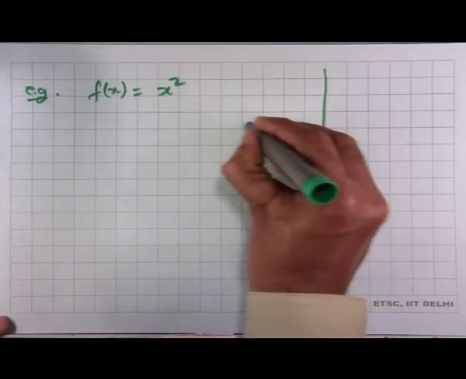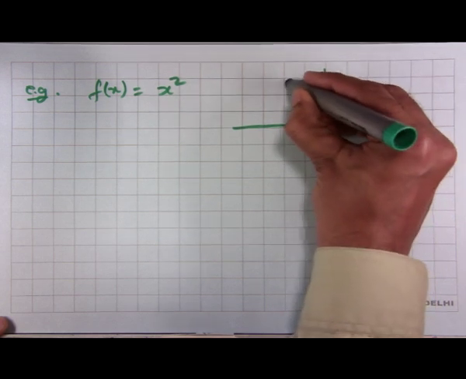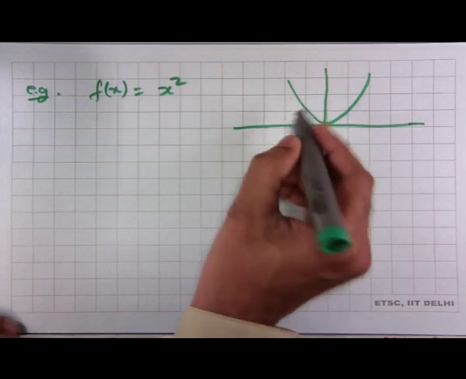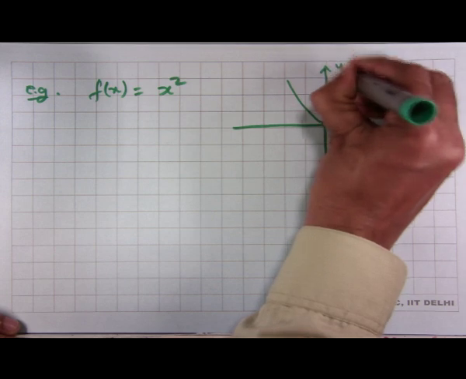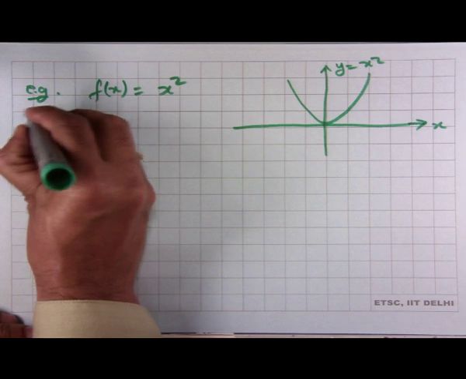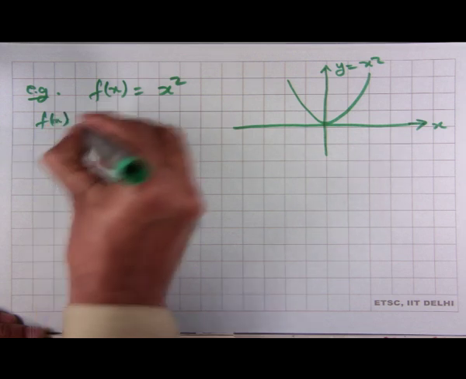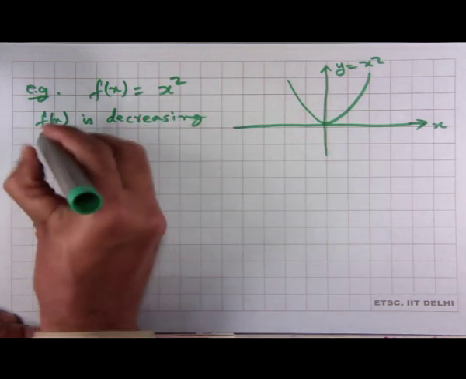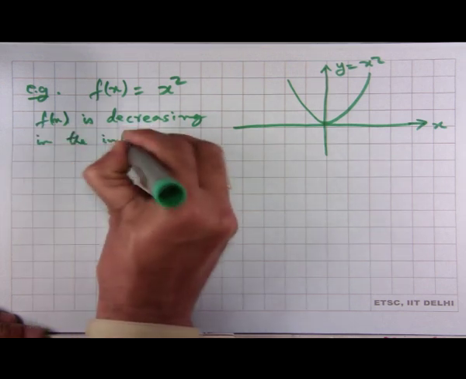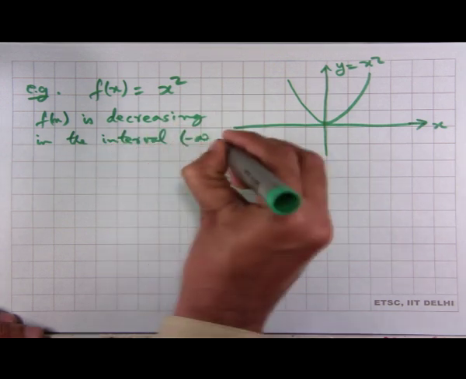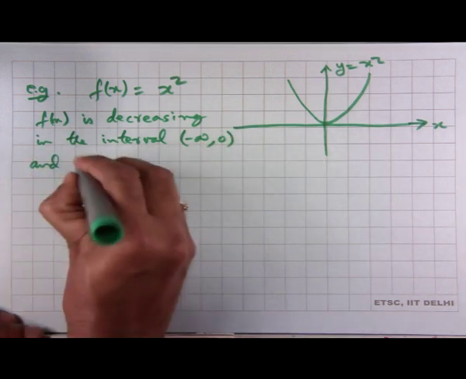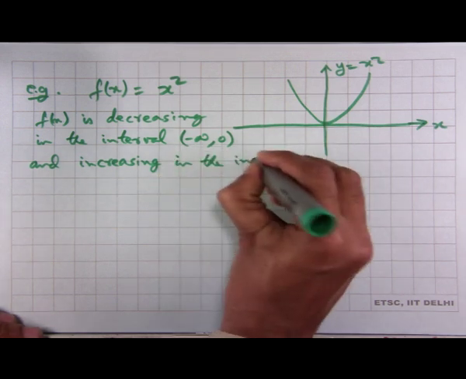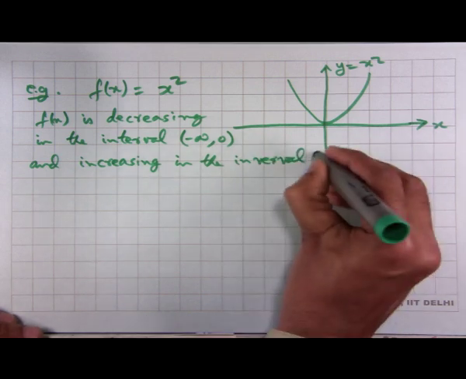If you draw the graph of this function, we get this parabola y equal to x square, and we can easily see that f x is decreasing in the interval minus infinity to 0 and increasing in the interval zero to infinity, right.